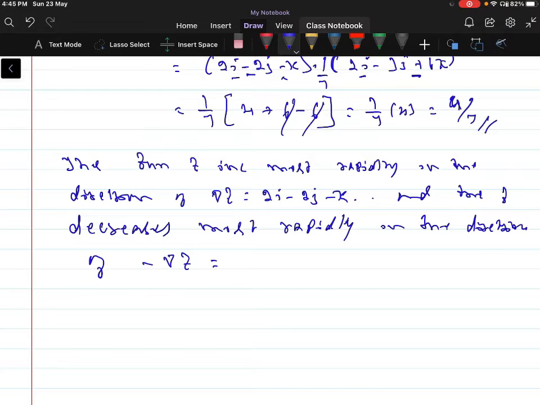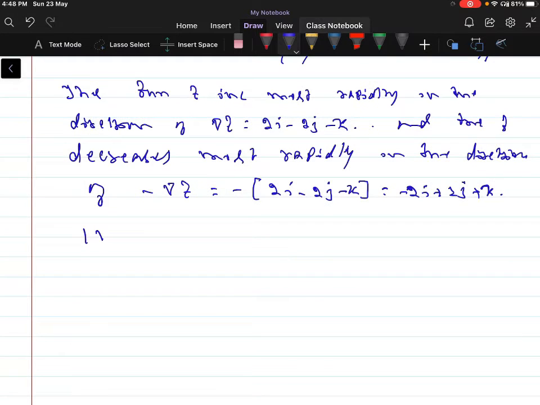So that is equal to minus of 2i minus 2j minus k, which can be written as minus 2i plus 2j plus k.